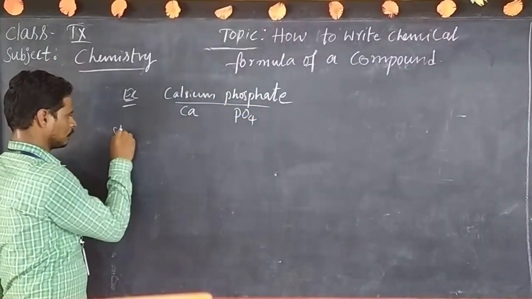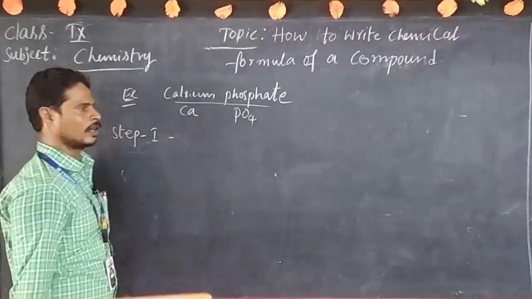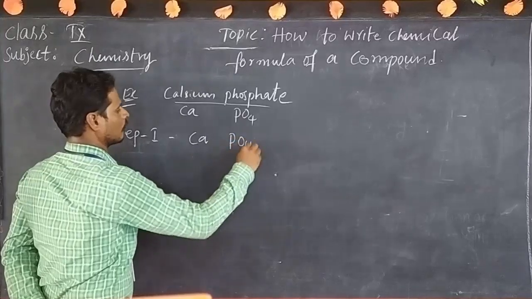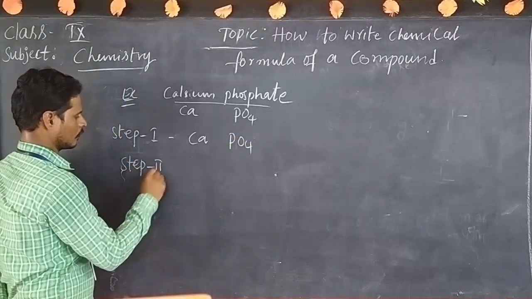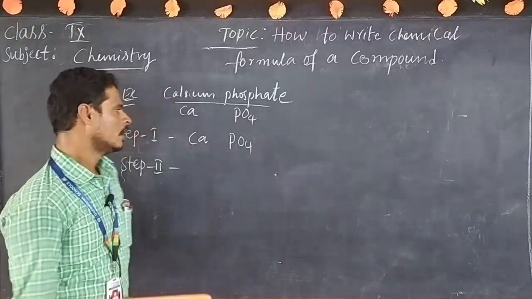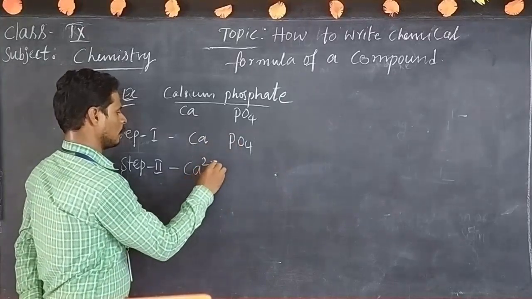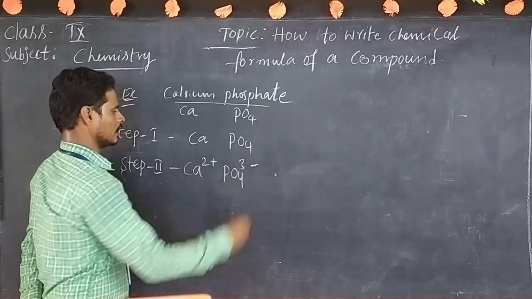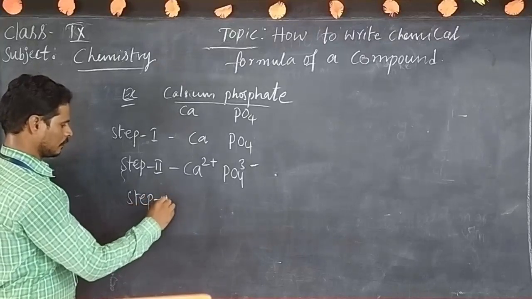Now step 1, write the cation and anion. Step 2. Put the valency of cation and anion on top right side of the cation and anion. Ca 2 plus, PO4 3 minus. Step 3.